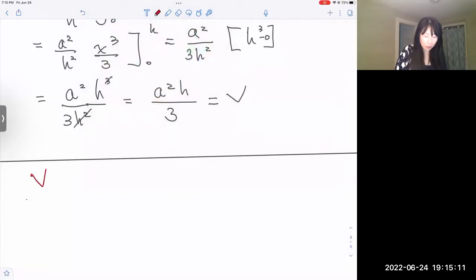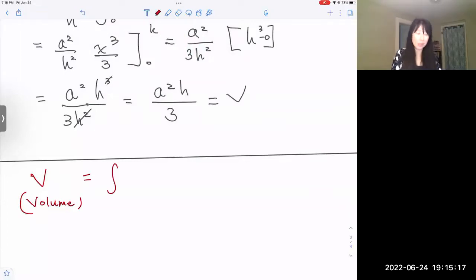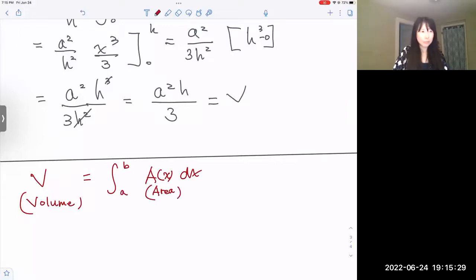The volume equals the definite integral from a to b of A of x dx, which is the area, right?